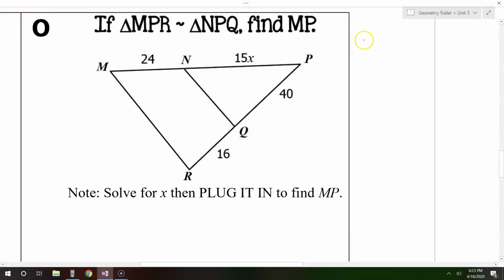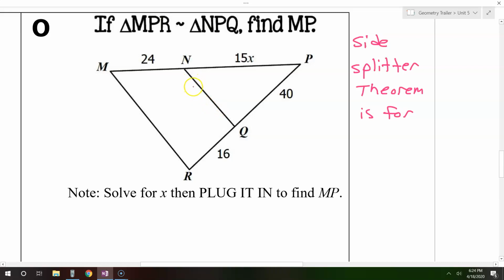And that something better is called the side splitter theorem. Okay, the side splitter theorem. And this is something that we can use when we're only dealing with the sides of the triangle.